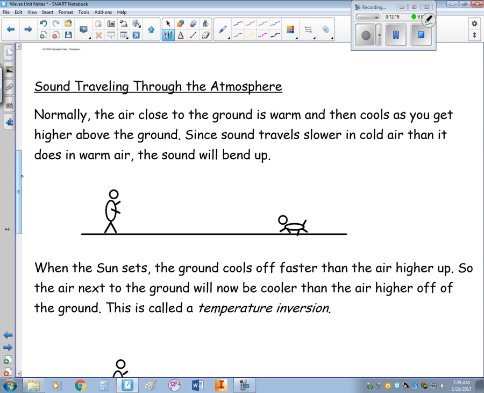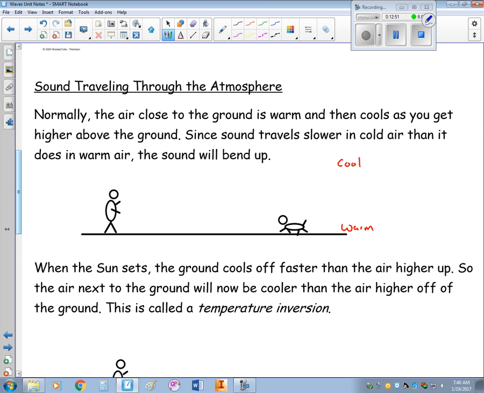All right. Normally, the air close to the ground is warm, and then it cools down as you get higher off of the ground. Well, sound travels slower in cold air than it does through warm air. Remember that as you speed up the air, you speed up the sound. So let's say someone is trying to give a command to their dog, and the dog's pretty far away.